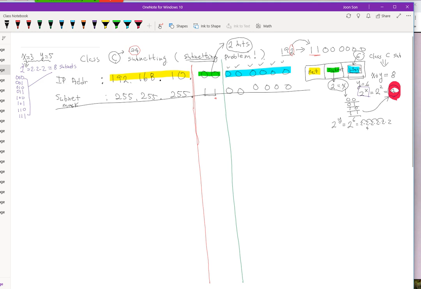So 4, 8, 16, 32, and 64. So the answer is 64. Is that correct? Yes? So that means each basket can hold 64 apples. Is this correct? No. So what is the answer?